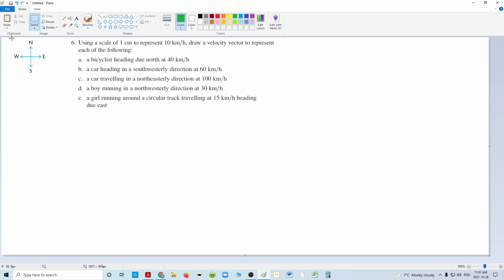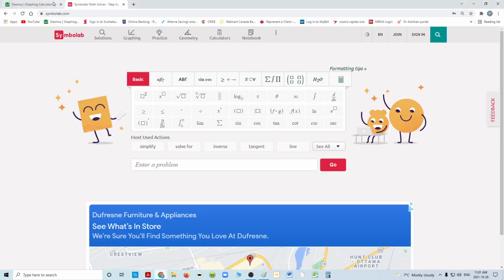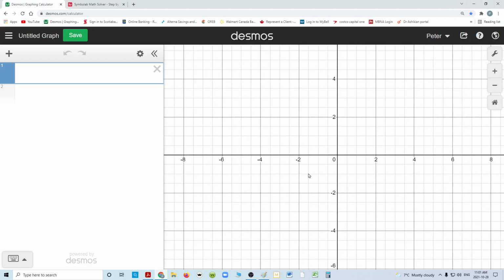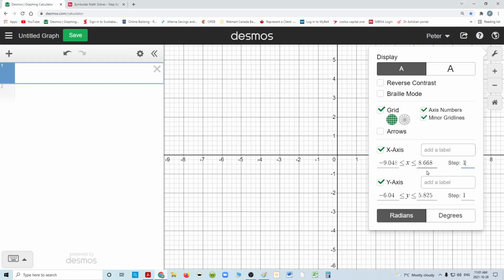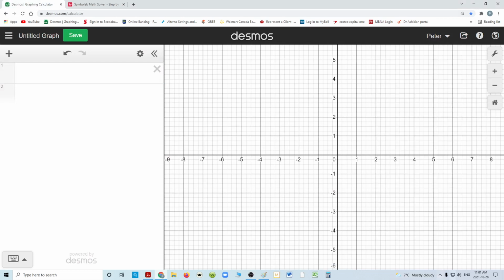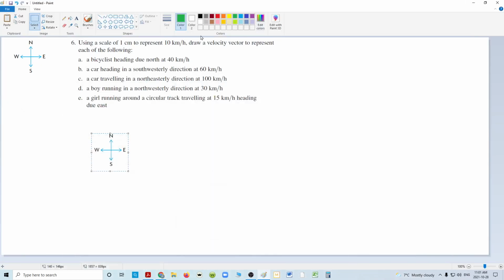So here's your compass. It would actually help if we took a Desmos here and labeled every unit by steps of 1, and we took a copy of that. There we go.